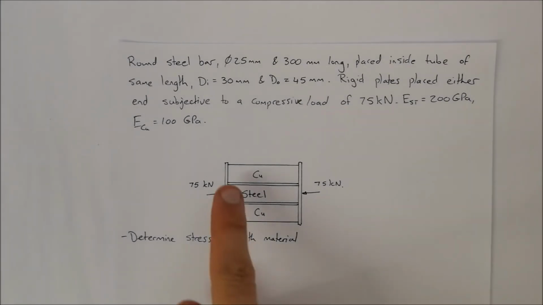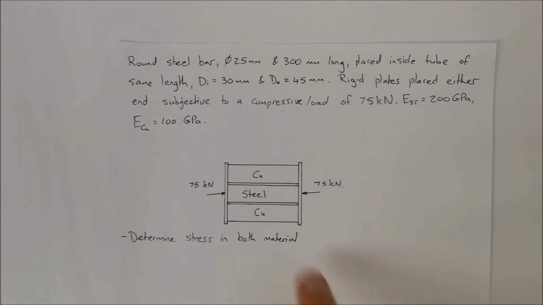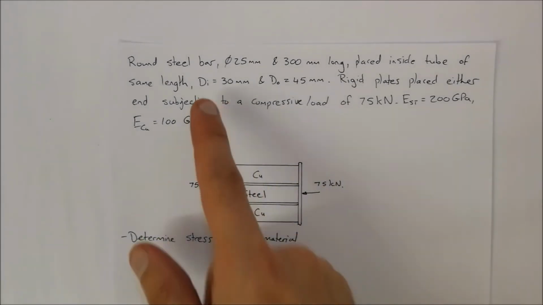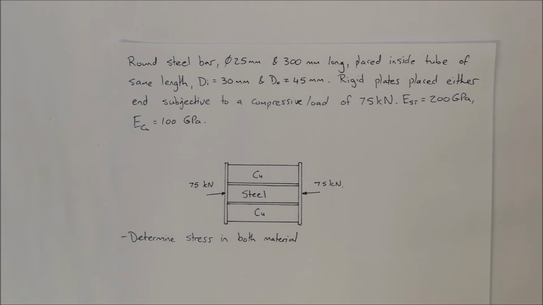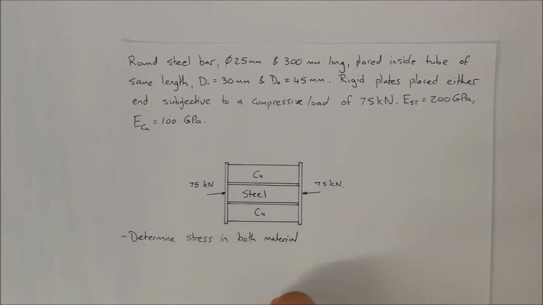So we know that the length of this is 300 millimeters, and it's placed inside a tube of the same length. It's a copper tube. The inside diameter is 30 millimeters and the outside diameter is 45 millimeters. That's of this tube itself. Rigid plates are placed on either end, subject to a compressive load of 75 newtons.